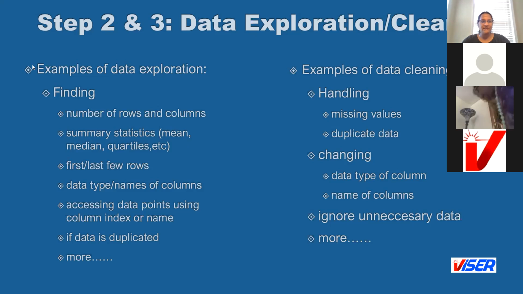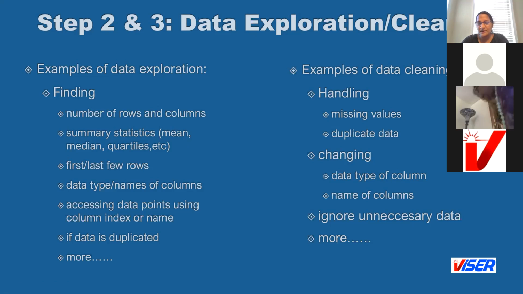So now these are examples of data exploration. These are some of the things you can do: finding the number of rows and columns, summary statistics, first and last few rows, the names of the columns, the data types of the columns, whether it's categorical data or numerical data.